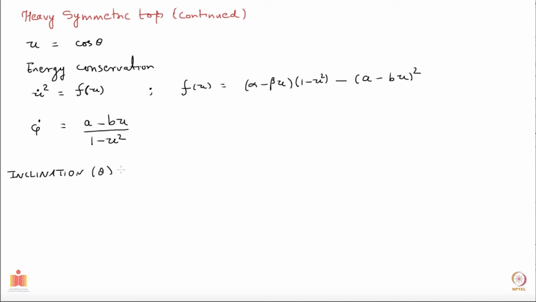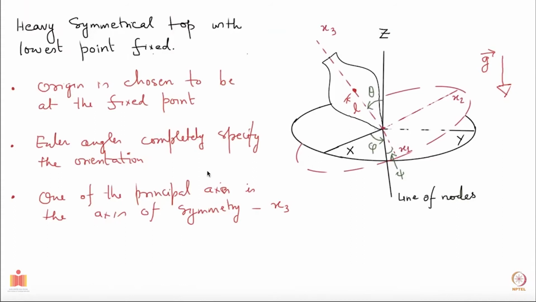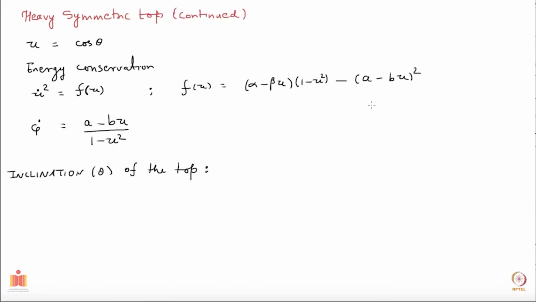Inclination theta of the top. Okay, remember, let me go to the figure here. This is the inclination. Okay, that's the theta, and this is the z direction. So right now we are asking about this angle. Okay, very good. So let's see.